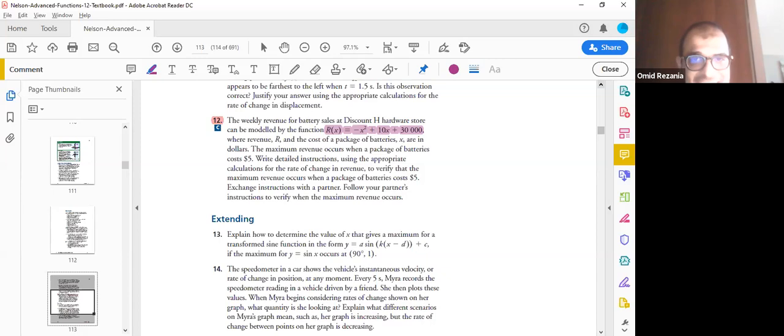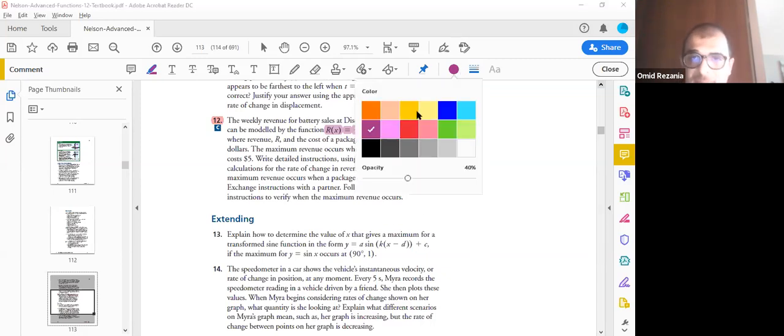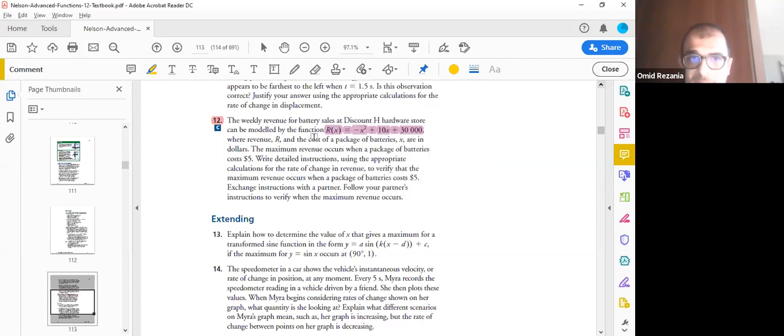R(x) represents the function which gives the revenue that the store generates, and x represents the cost of the package of batteries. The cost of the package of the battery, x, and the total revenue are both in dollars.